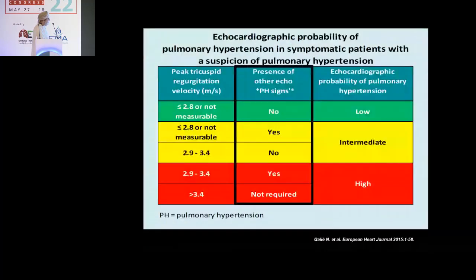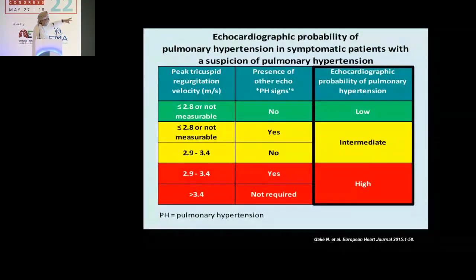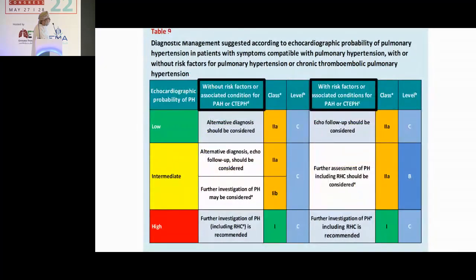So once you have these findings, you have to decide whether your patient will be in low, intermediate, or high probability, and based on these, in addition to whether the patient has risk factors or no risk factors. If the patient has no risk factors, like chronic thromboembolic pulmonary hypertension or family history, then the only indication for right heart cath is when the patient has high probability.